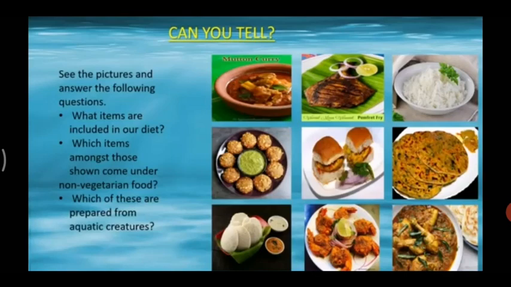The second question is, which items among these shown come under non-vegetarian food? They are the mutton curry, pomfret fry, prawns fry, and chicken curry. These are all non-vegetarian food items.